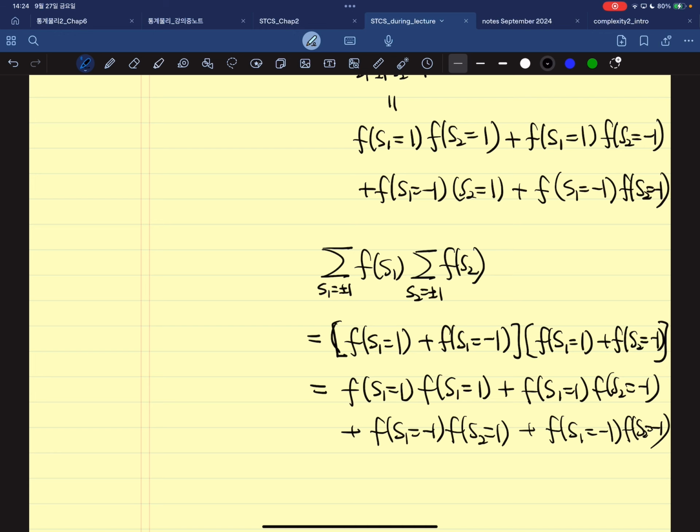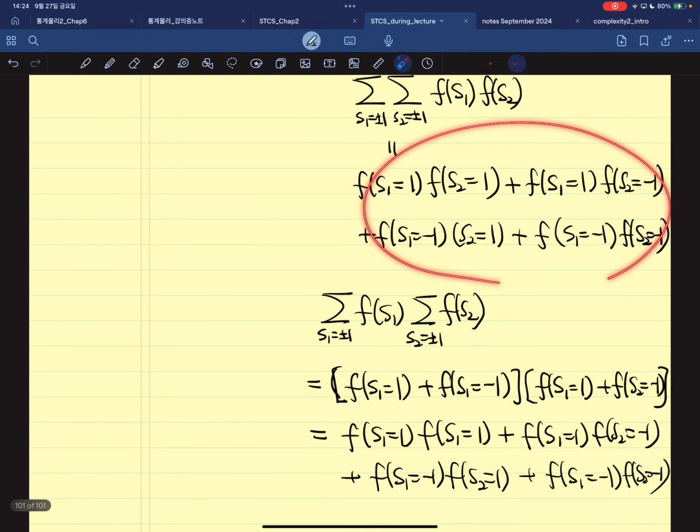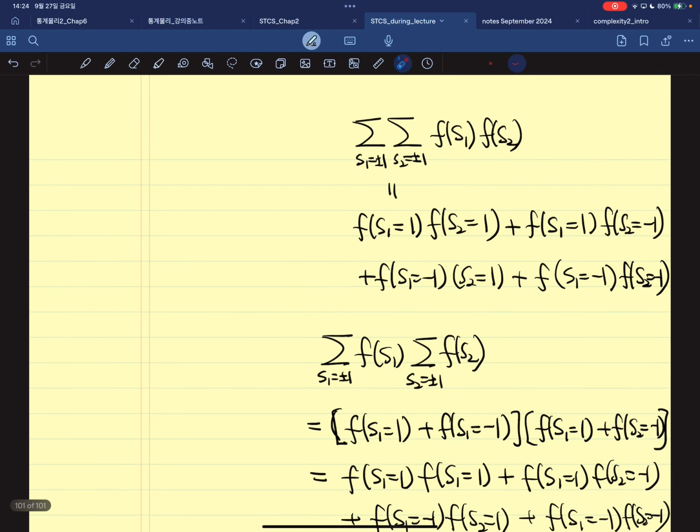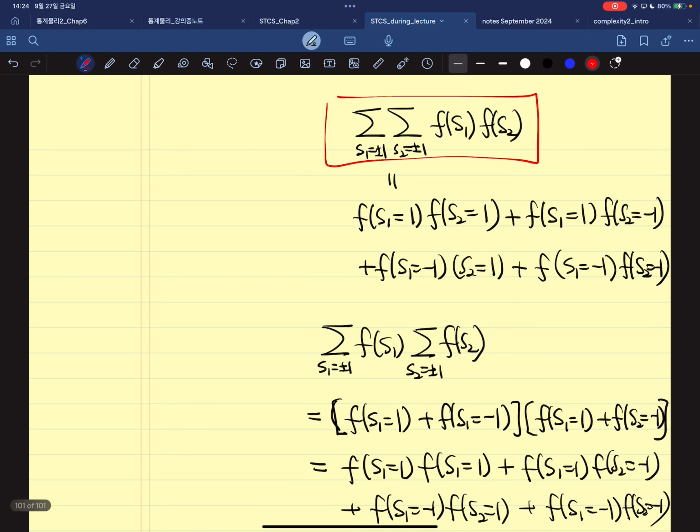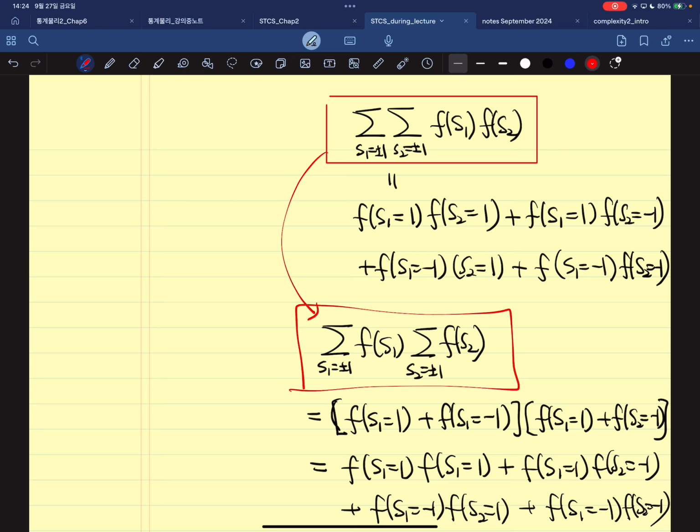So this one and this one are of course identical. So we can actually replace this kind of summation with this splitting.